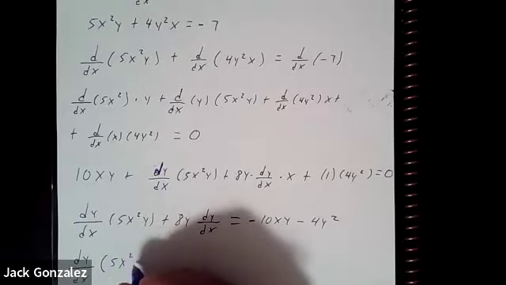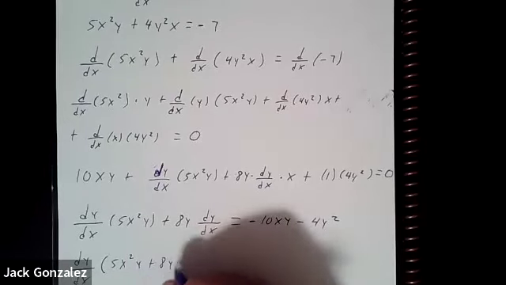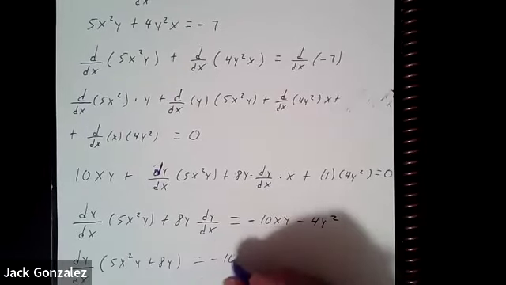We have dy dx times 5x squared y plus 8y equal to this nonsense.